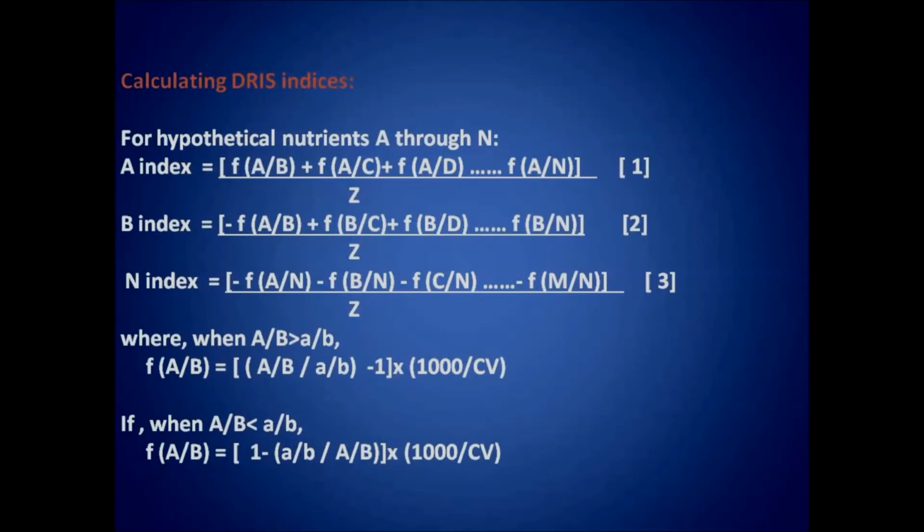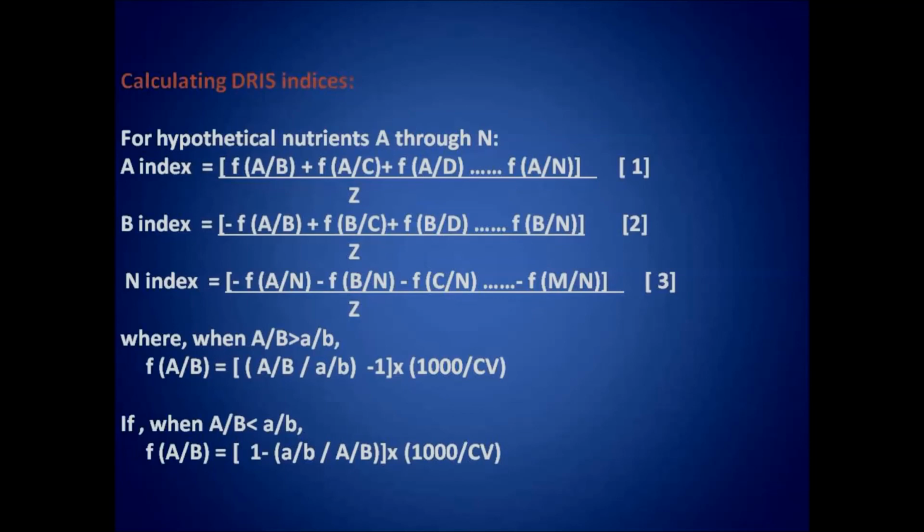Calculating DRIS indices. For hypothetical nutrients A through N, the A index is the function of A by B plus function of A by C plus function of A by D, like that up to function of A by N, divided by Z. Z is the total number of nutrients.